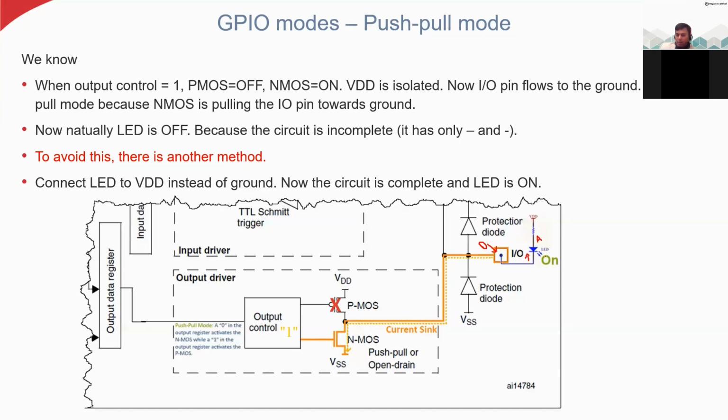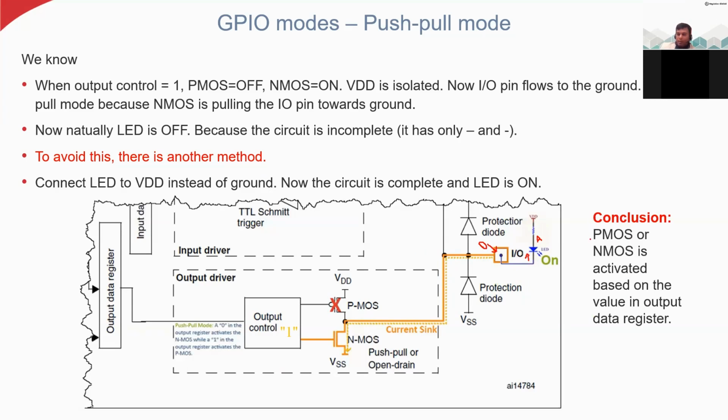So this circuit is complete, and the LED will be on. It's really up to the circuit designer how we want to implement the function. Whether you get a 0 or 1, you can activate this LED on or off.